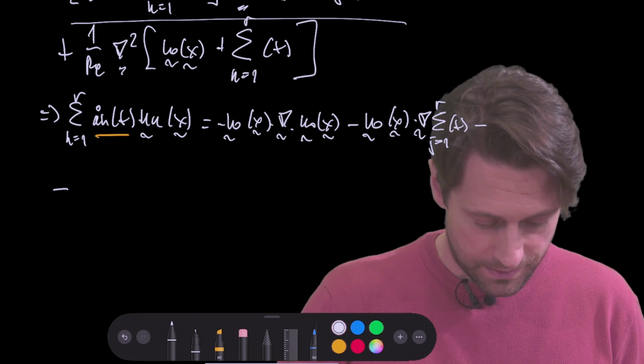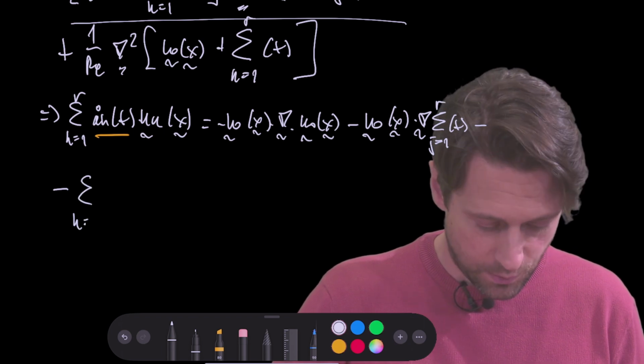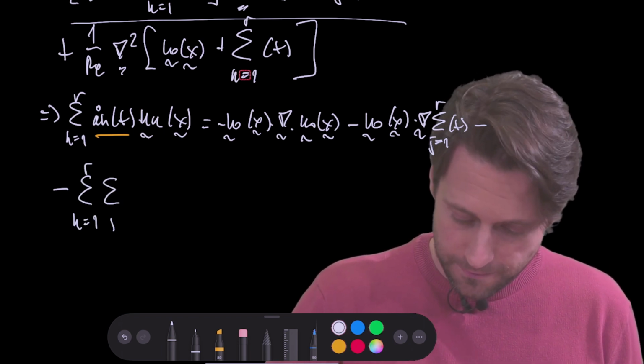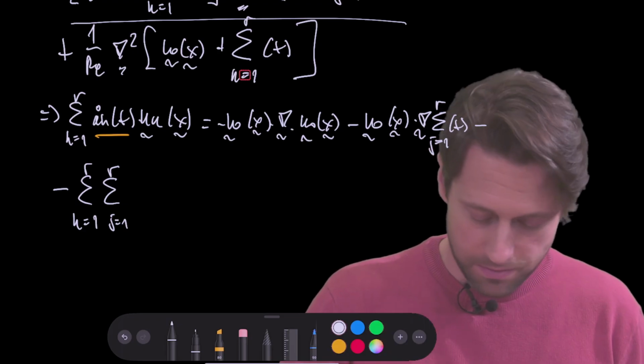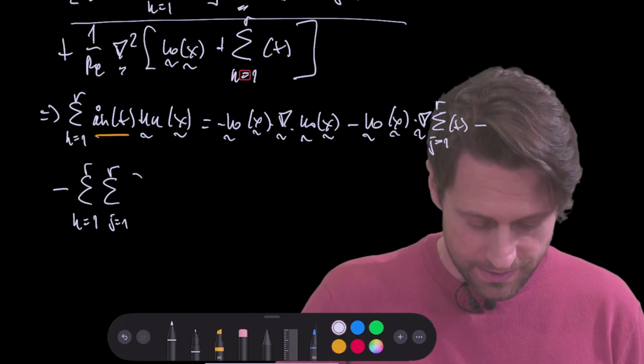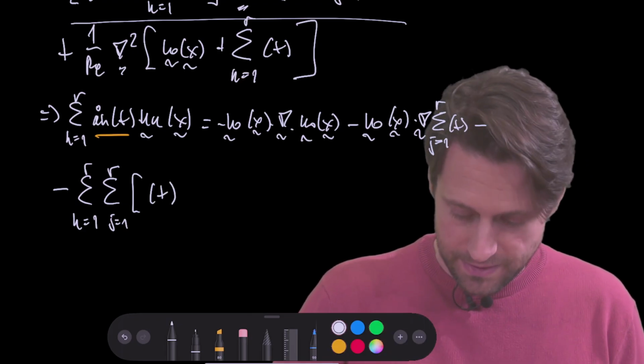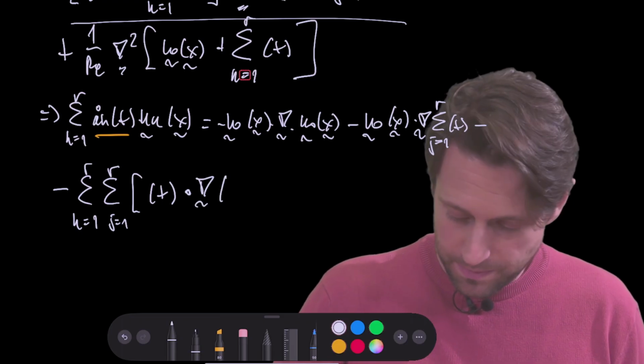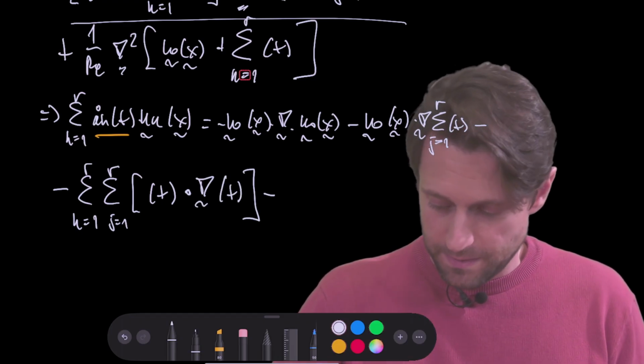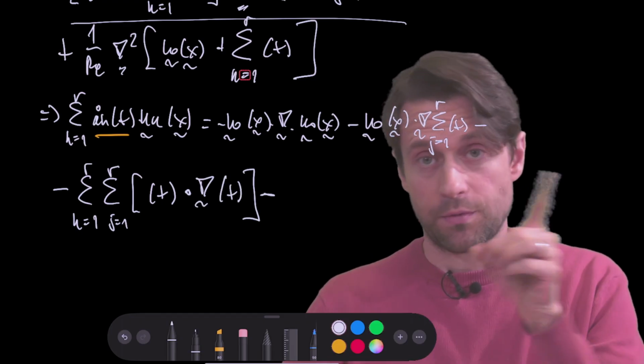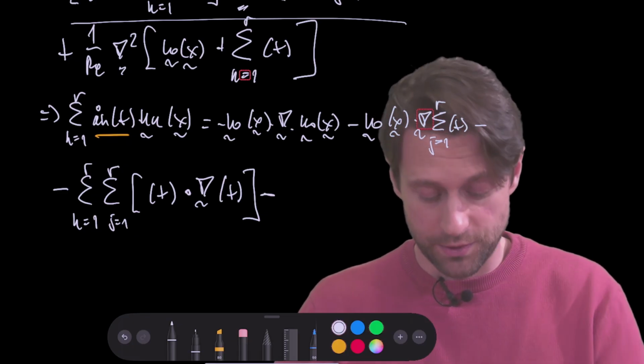This would be the sum from k equals 1 to r and the sum from j equals 1 to r of basically the term plus dot nabla plus, minus the last term of the four products that I was going to get.